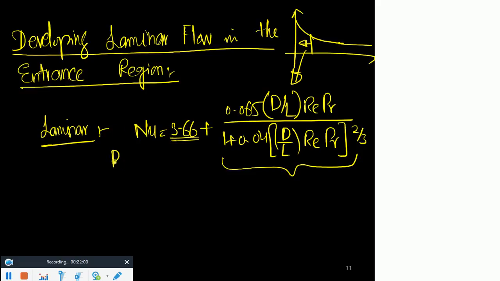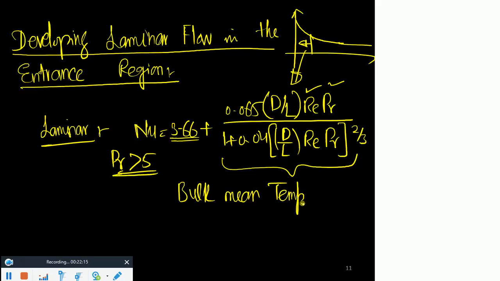This relationship should be used when Prandtl number is greater than 5. And most of the time those fluid properties for Reynolds number and Prandtl number are found at bulk mean temperature. And what is that bulk mean temperature?